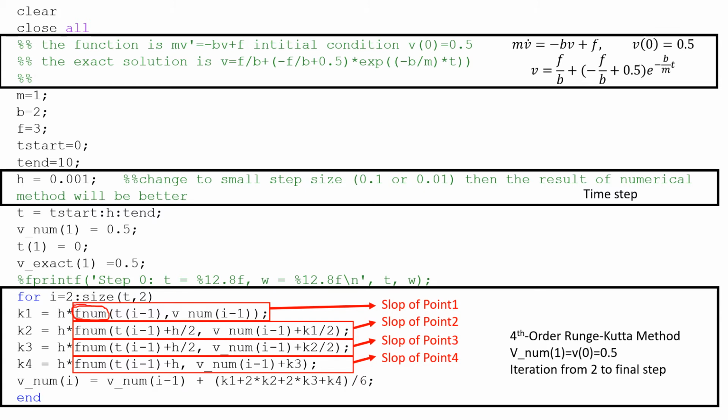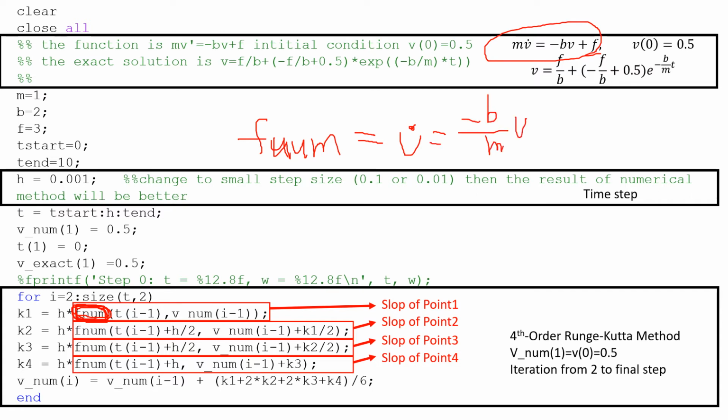You need to define a function called f numerical. It will help us to calculate the function. So the f num is actually the v dot. It will be the negative v plus fm.